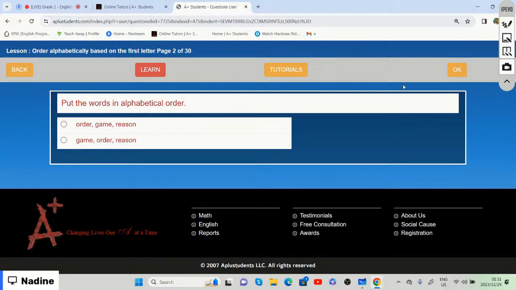We need to put the words in alphabetical order. Is it order, game, reason, or game, order, reason? Alphabetically by looking at the first letter of each of the words.